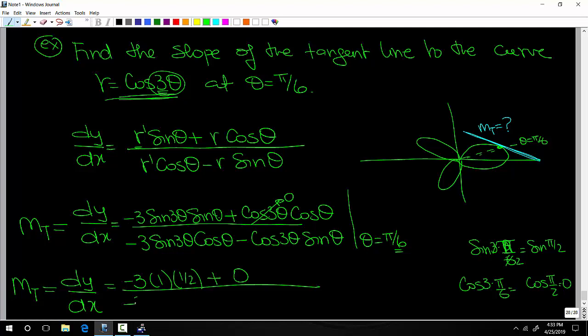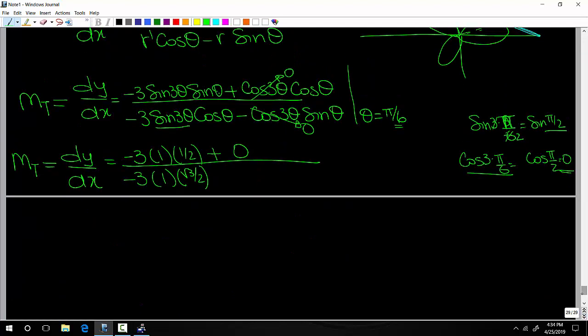On the bottom, we get 3 times 1 again, because sine of 3 theta is sine of pi over 2. And cosine of pi over 6 is square root of 3 over 2. And then again, this will become 0 because cosine of that is 0. We just did that. So now we just need to clean this mess up.